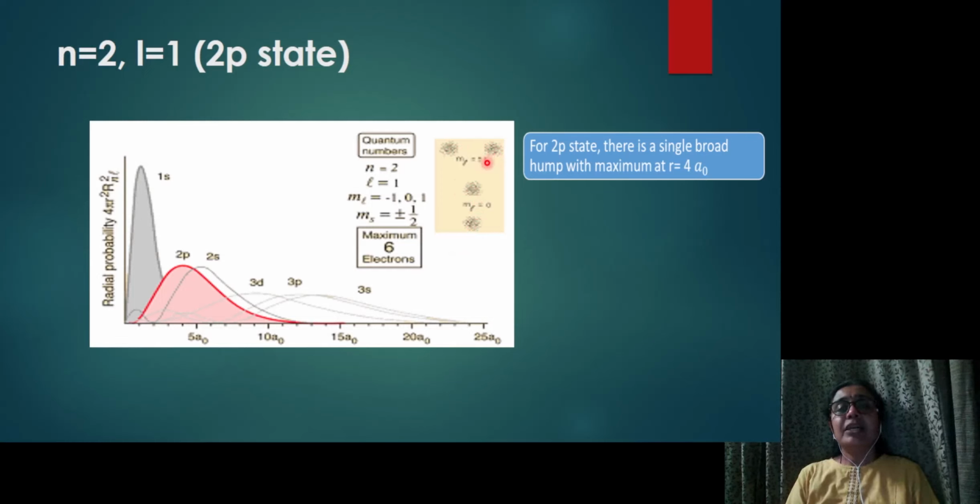We can obtain the three-dimensional picture if we revolve these pictures around the vertical axis, because the probability density is not changing with angle phi. For all the states, there is no change in the probability with respect to phi. So we can rotate it around the z-axis and we will get a three-dimensional picture of it.